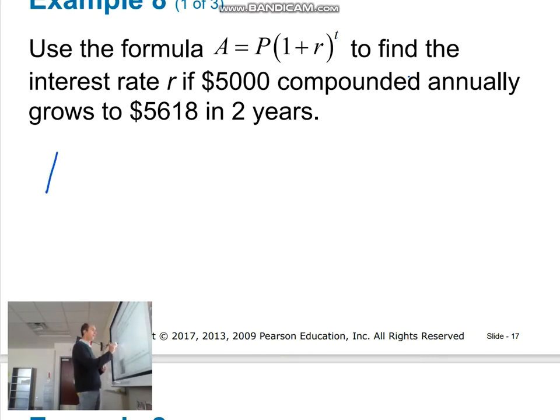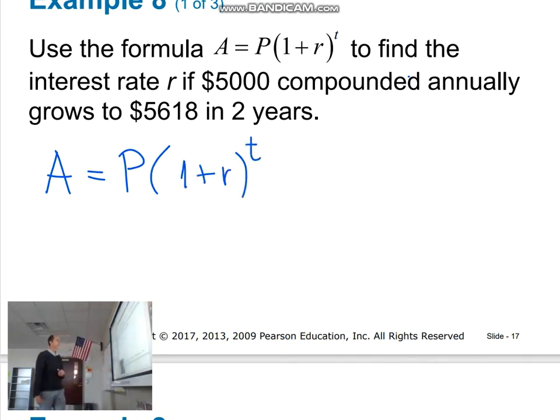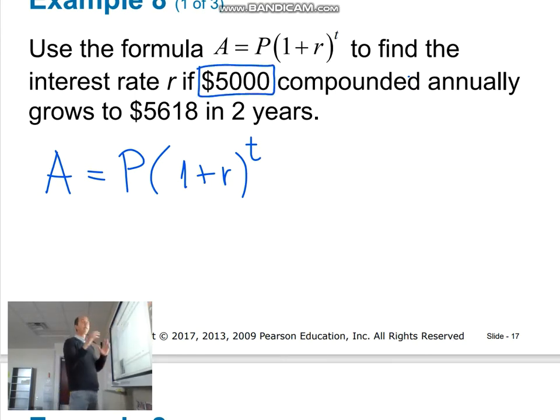The formula is, let me write again, A equals P(1 plus r) exponent t, and P is the principal. This is a very well-known formula. You're going to find the amount is equal to the principal. The principal is the money that you invest, the first money that you have before you have the returns for your investment.